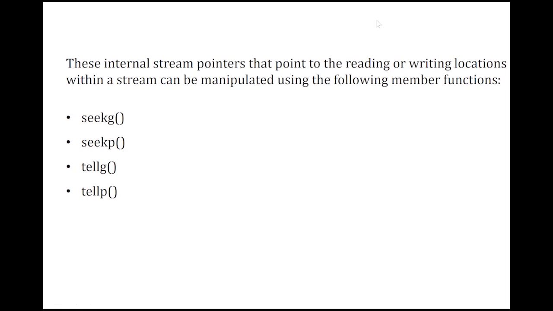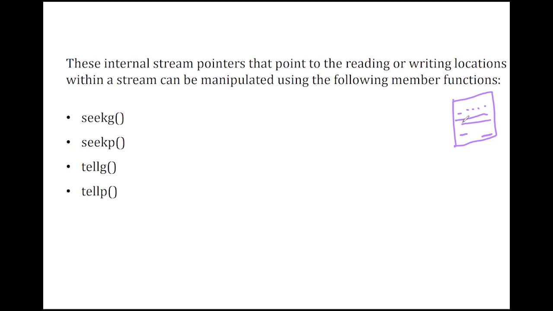So what is this manipulating of the pointers? Like I said before, I have a file, I am reading it, I am reaching some point, isn't it? Suppose I want to read from the fourth line. Suppose I want to read from the last. So how do I manipulate these pointers? I don't want to read the next one, I don't want to go in a sequential manner. I want to access from a particular position.